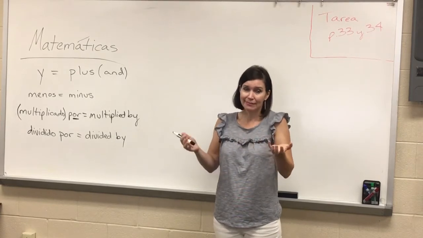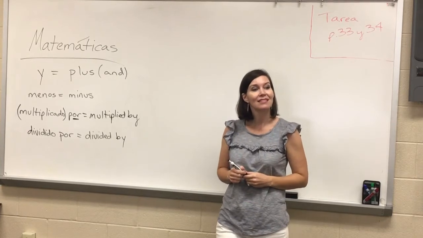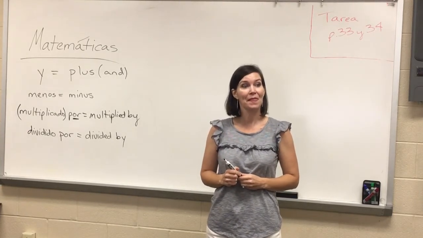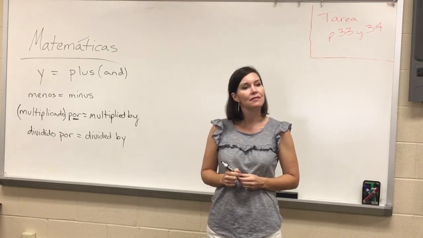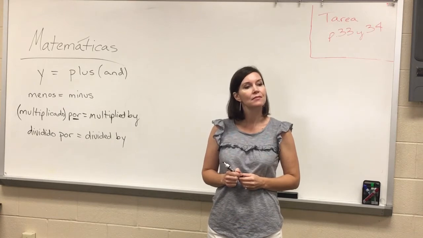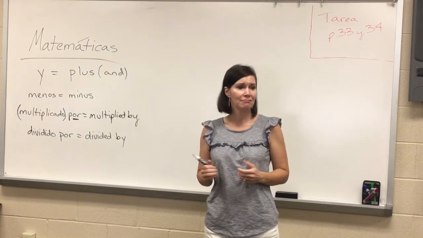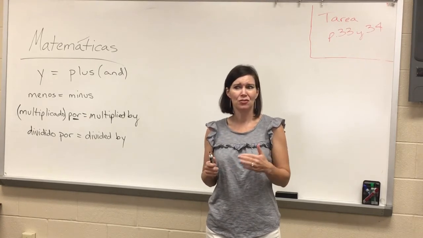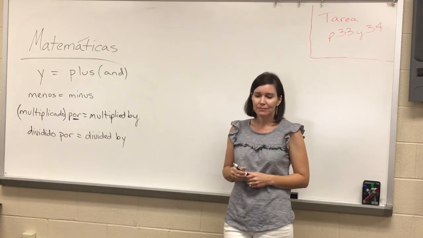Dividido, divided. That's easy. So dividido por. Is that why they don't use the multiplicado? Does it have something to do with if you put parentheses around something and then you put a number next to that, it's multiplication? That may be it. Or it could just be like a shortcut.